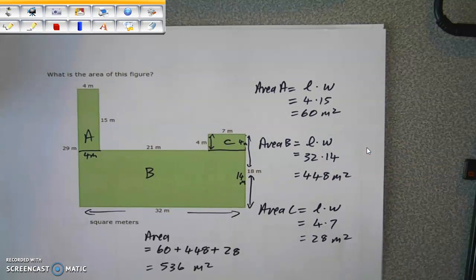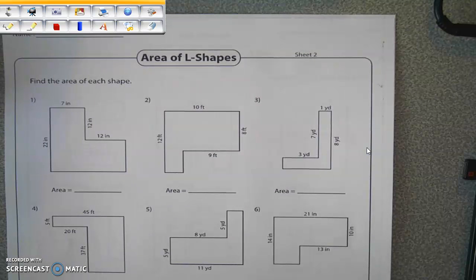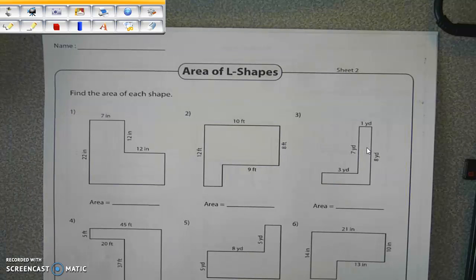All right. Now, the problems I've just done with you are very like the problems that you're going to be doing on IXL today. There's also a worksheet that has these shapes on it. The one I'm showing you here has different numbers than the one that you're going to be working on, but it's the same basic idea.